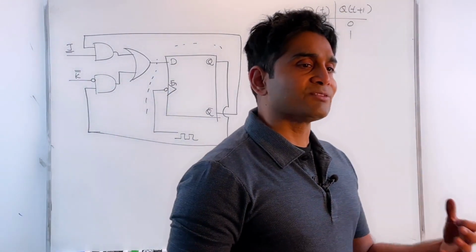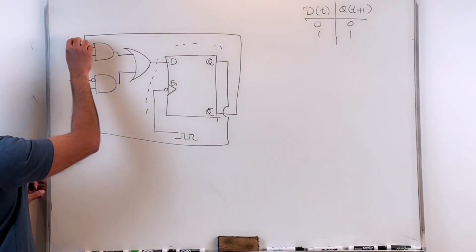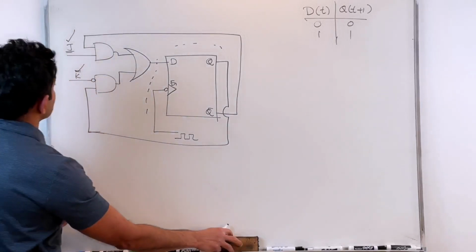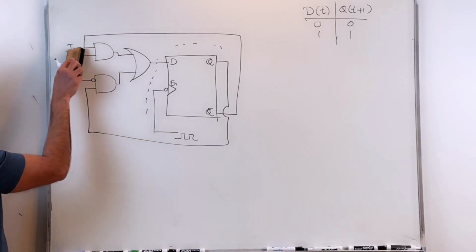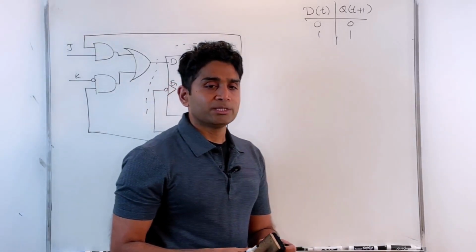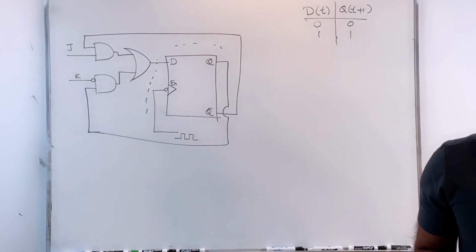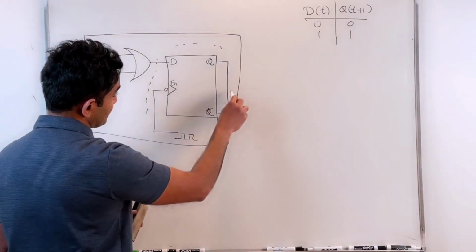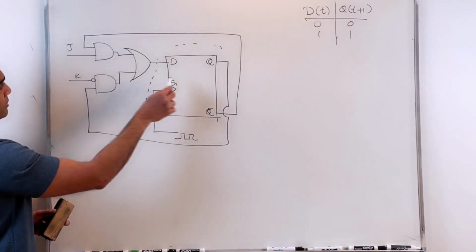Now I want to analyze this new circuit, where I have two independent inputs. I can place whatever values I want on my J and K. That's my K input. That's my J input. So these are the pins available for me to work with. I can put any values I want on J and K. I don't know what Q and Q prime are because I have this feedback, the output of this circuit being fed back as an input to this circuit.